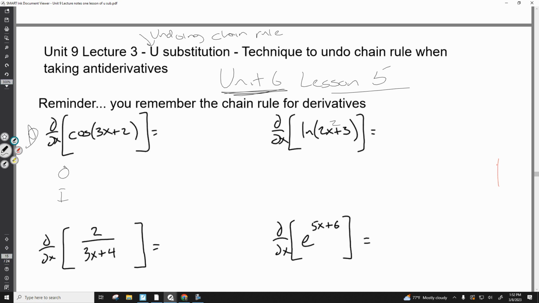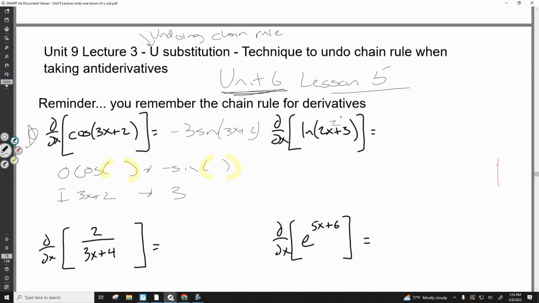If you need to use O and I, do it. Derivative of cosine is negative sine. Derivative of 3x plus 2 is 3. This is negative 3 sine 3x plus 2. What's important about the chain rule? What starts in the parentheses stays in the parentheses. That is going to be a common theme for today's lesson.